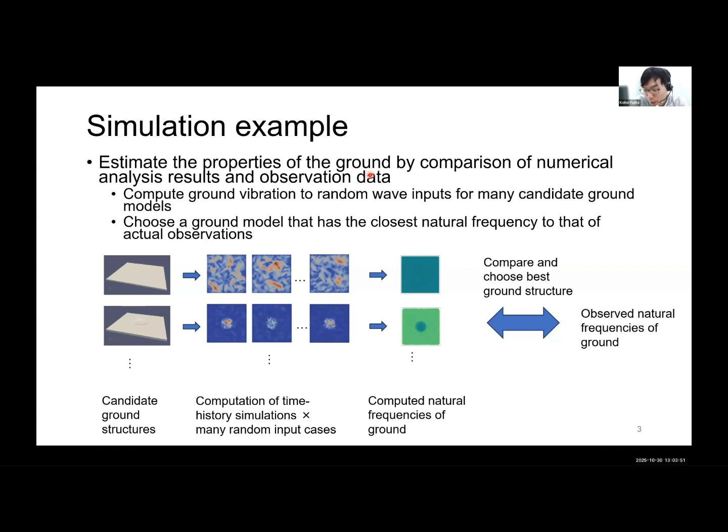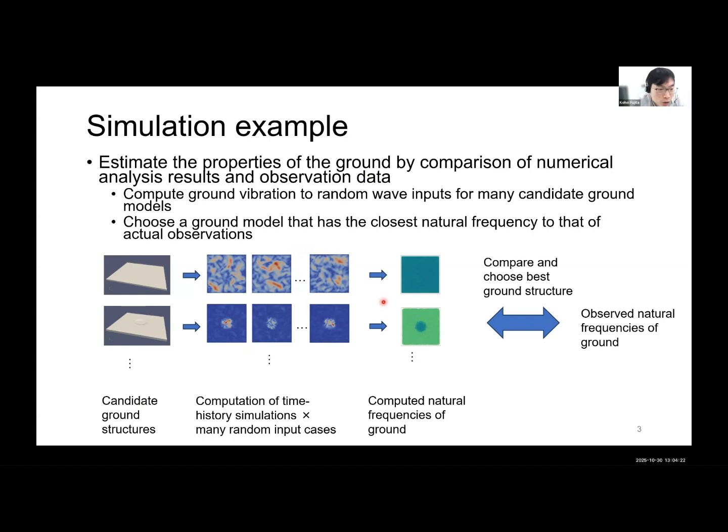However, we have only limited observation at the surface. So we want to estimate underground structure based on the observation data on the surface. What we can do is to make many candidate ground structures and then simulate this for ambient ground noise, ground motion. And then we could compare with the observed natural frequency of the ground and choose the best structure.